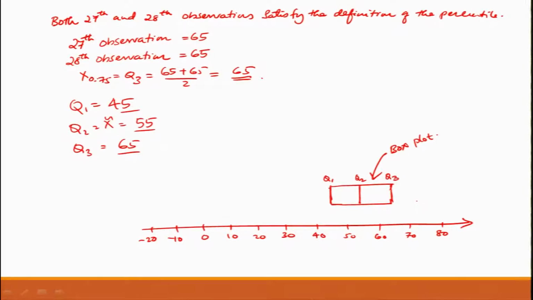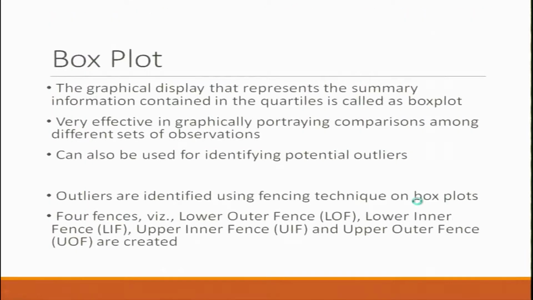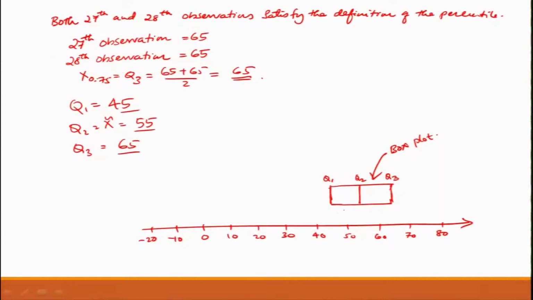So, if we go back to the slide, the graphical display that represents the summary information contained in the quartiles is called the box plot. The summary information contained in the quartiles is clearly defined by the box plot.